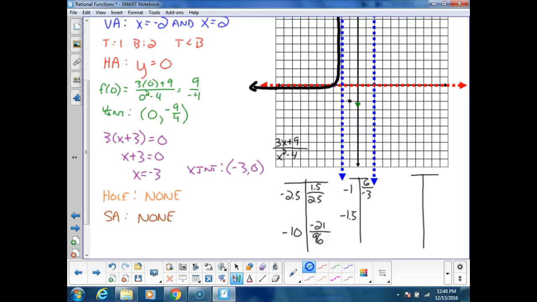Negative 1.5 times 3 is negative 4.5, plus 9 is positive 4.5. Negative 1.5 squared is 2.25, minus 4 is negative 1.75.